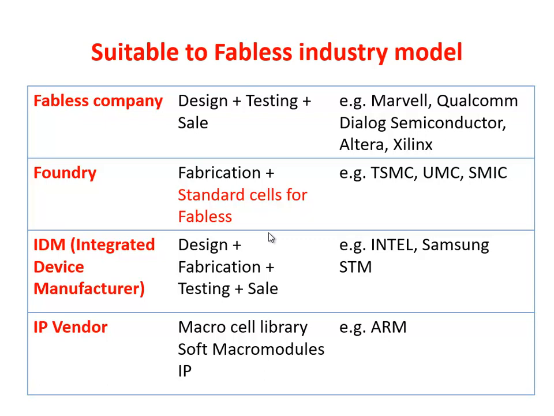ARM is a specific example. It's quite extreme, I would say. But there are companies, for example, that are specialized in, let's say, memory banks, that sell IP for memory banks so that other companies can buy the library and include those, for example, special type of multi-access memories directly in their chip.